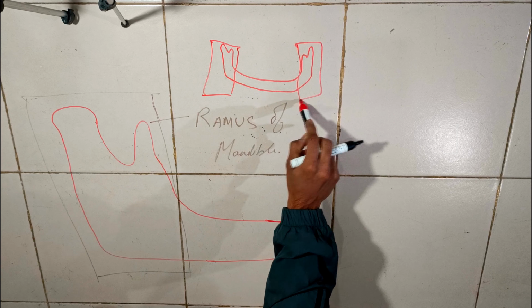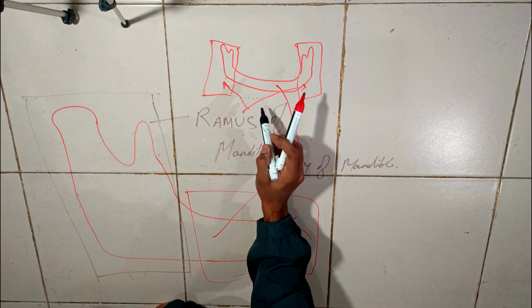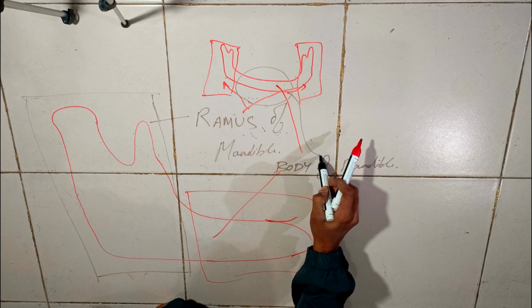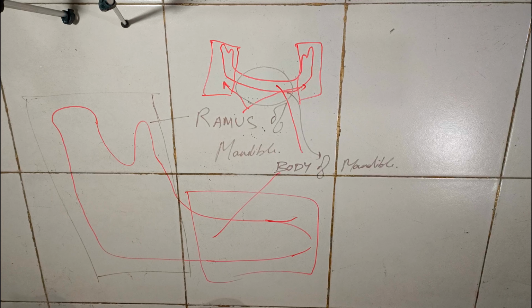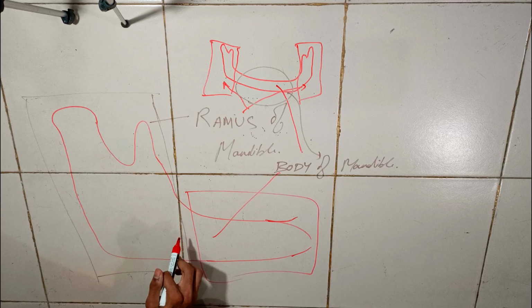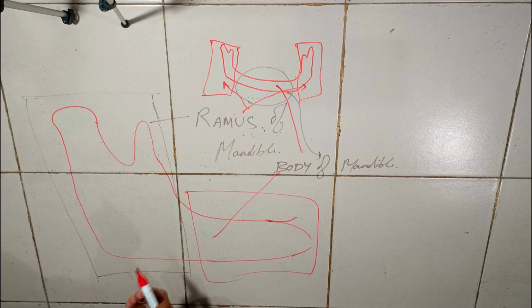This portion, or this one. Okay. So once again, this rectangular part, not rectangular, it is actually four sided. Okay, I don't remember the term. Let me check.